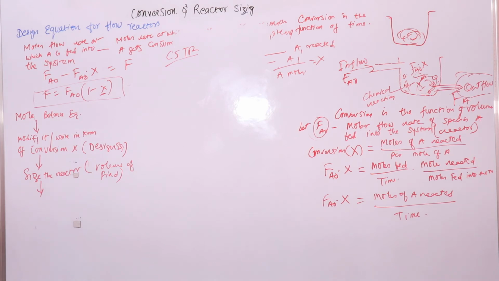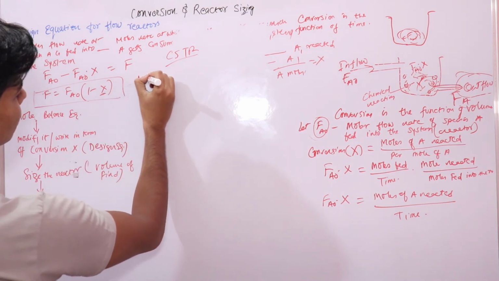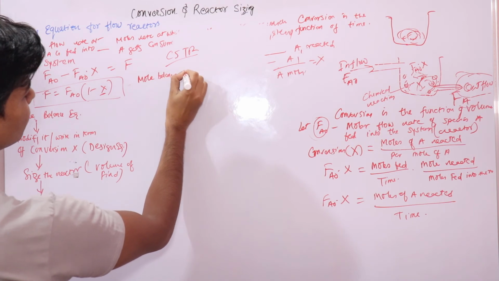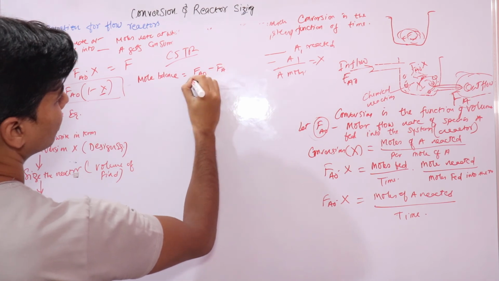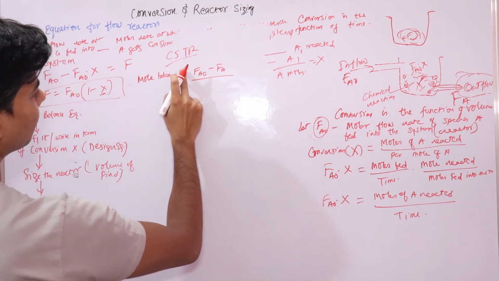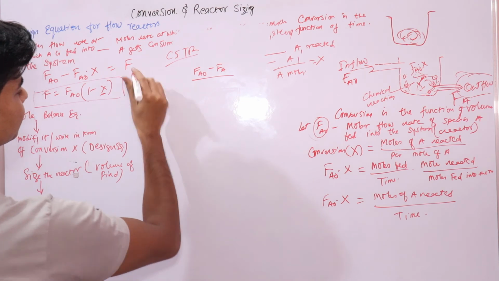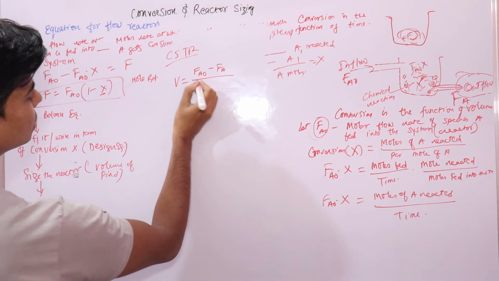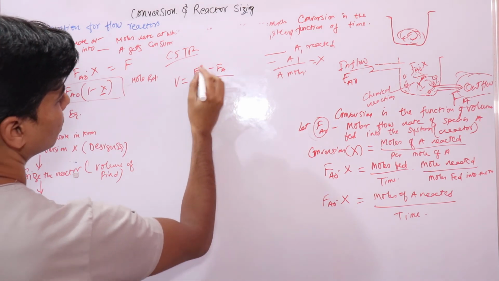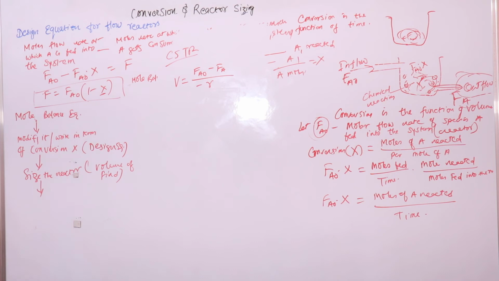From the mole balance equation we derived earlier, V is equal to Fa0 minus Fa upon minus Ra.